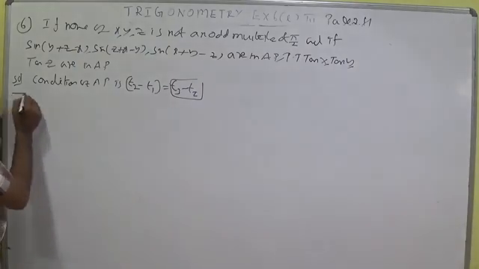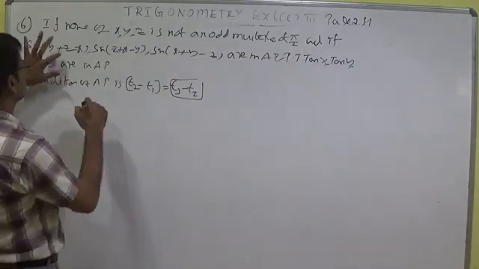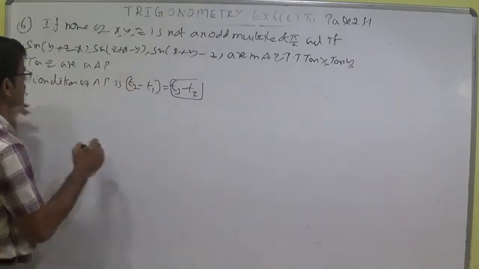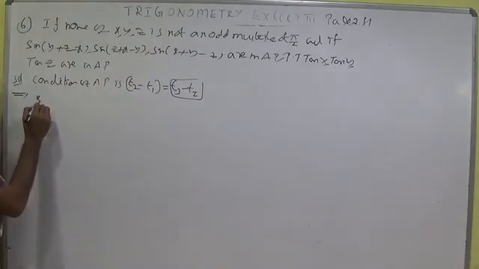Now, that implies what is here, you can understand: this is T1 first term, this is T2, this is T3. T2 minus T1 I am applying.